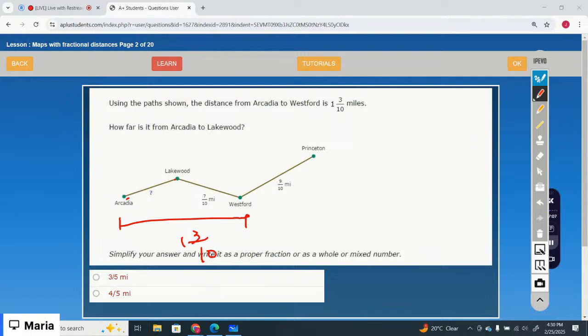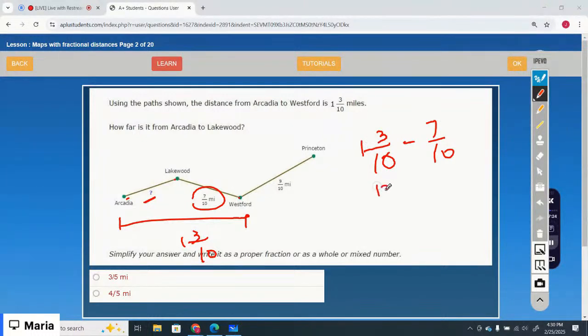How do we find the distance from Arcadia to Lakewood? You have to subtract 1 whole 3 by 10 minus 7 over 10, because you are given the distance from here to here and this one. You need to find Arcadia to Lakewood, so you have to subtract them.